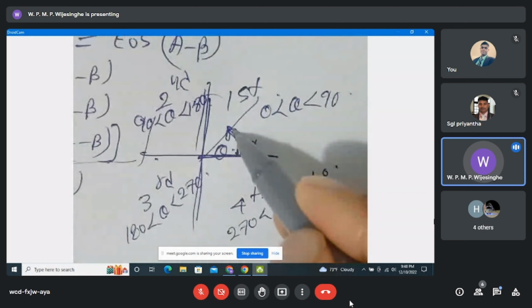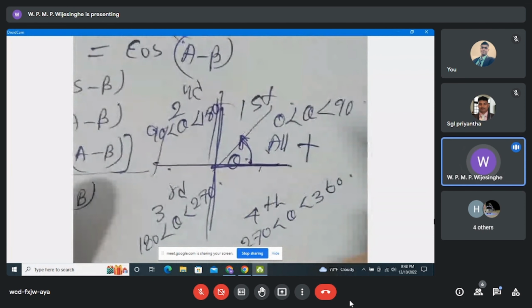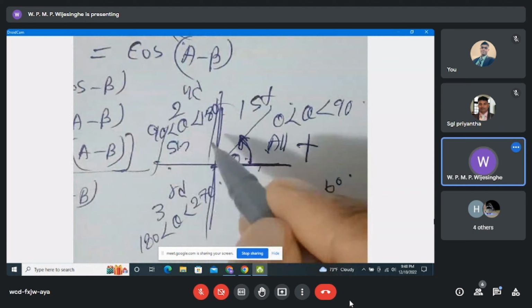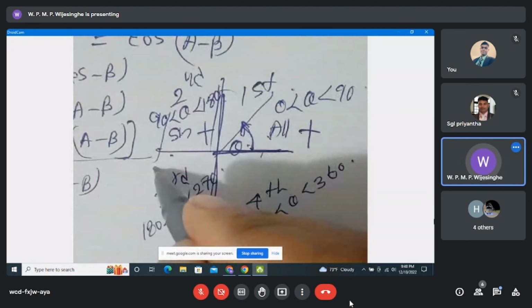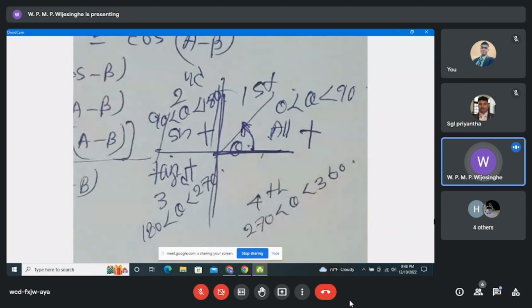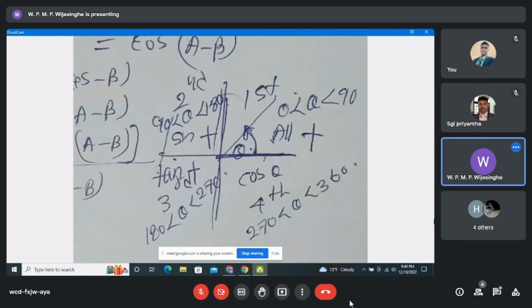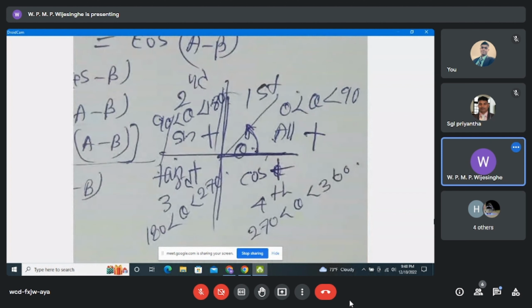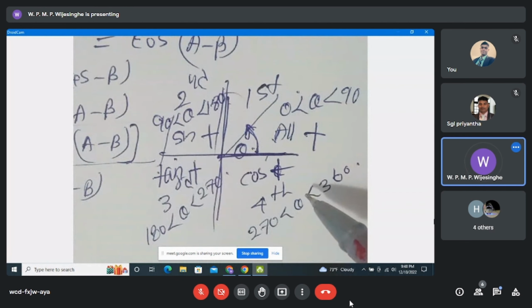So, in this area, all sine, cos, tan values are positive. Here, only sine value is positive, others are negative. In the third, only tan value is positive. Here, only cos is positive. We can remember it by using ASTC.